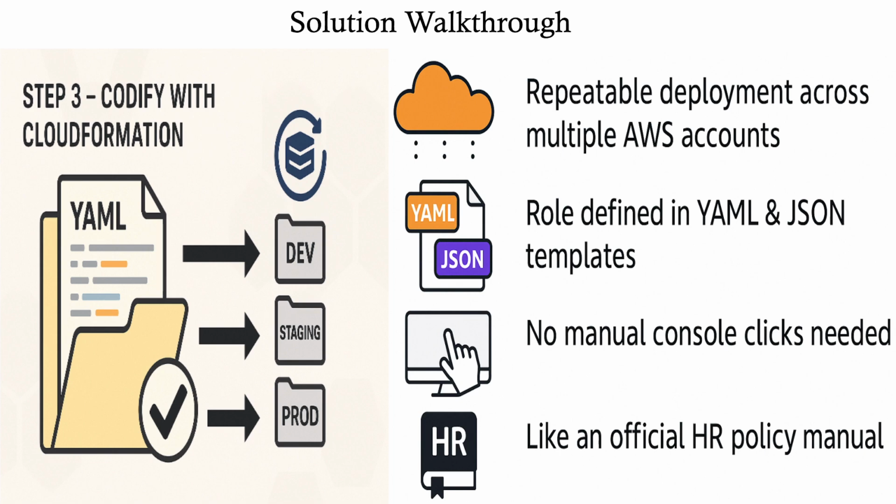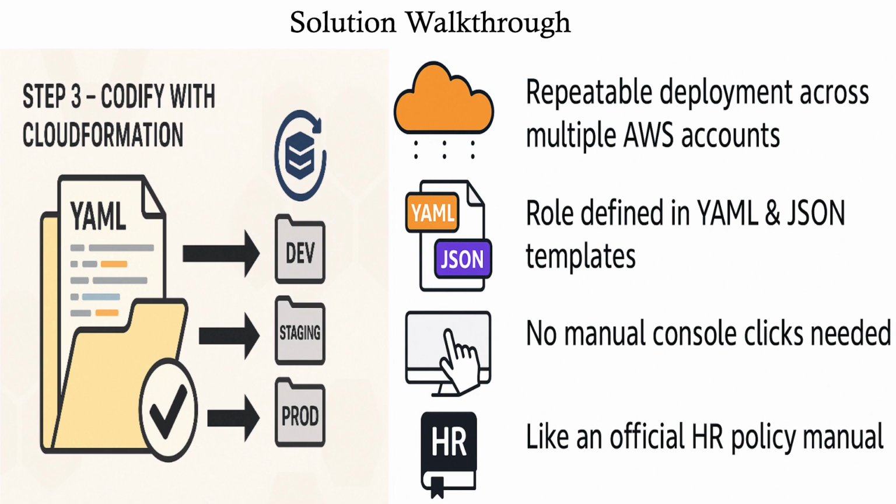We also add a description and governance tag, projects, just like we did earlier manually on the console. Those tags help finance and compliance teams trace ownership and standard governance across accounts. With CloudFormation, any account can deploy the exact same role as a single stack, fast, consistent, and compliant.